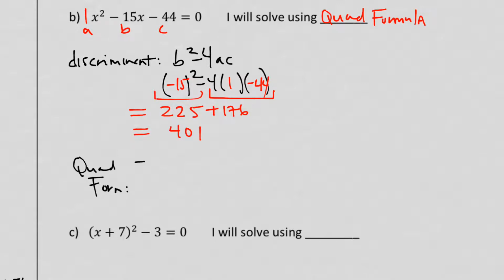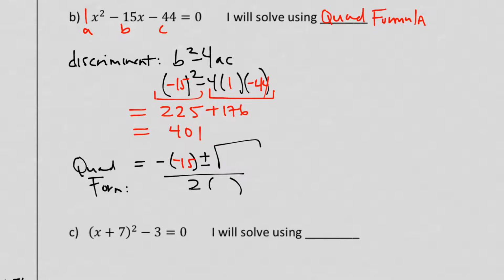So the formula is x equals negative b plus or minus the square root of the discriminant all over 2a. So here it's negative b. Again, b is negative 15, so it's a negative 15. I'm just inputting right now. Plus or minus the square root of the discriminant. But we just found that discriminant, so we already have that number.